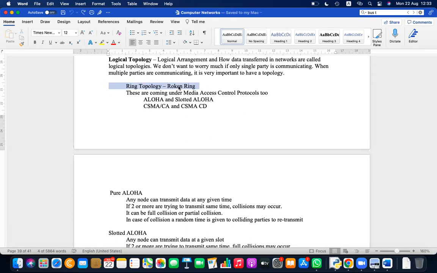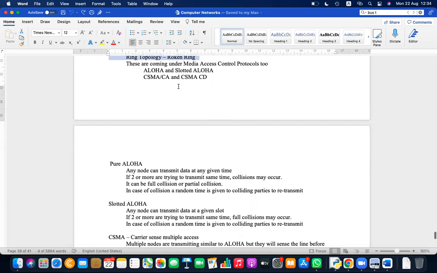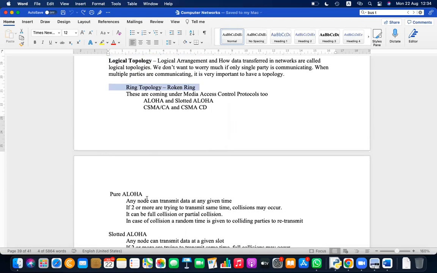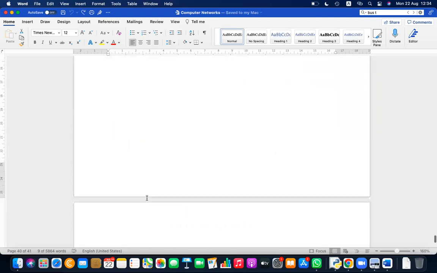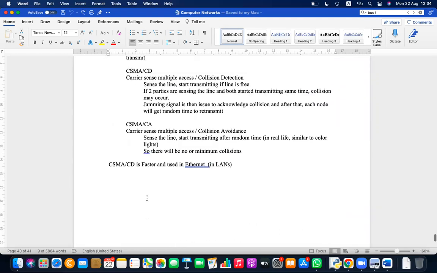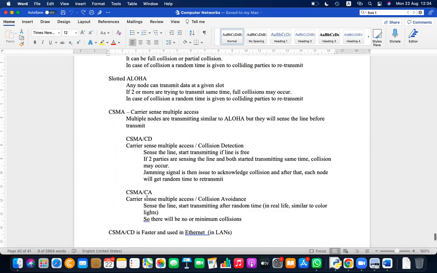Ring works according to a token: a free token is taken, data is attached to the token and sent around. Then there are other topologies called Aloha, slotted Aloha, CSMA/CD, CSMA/CA. These are also logical topologies.